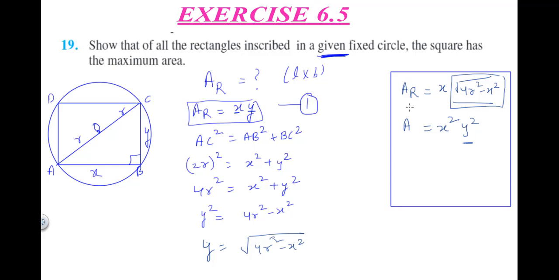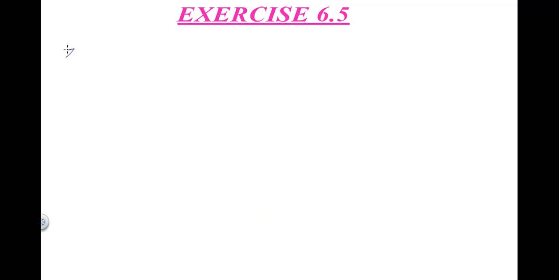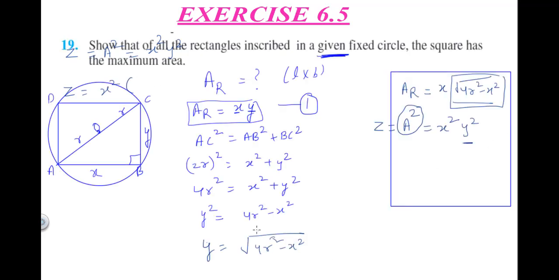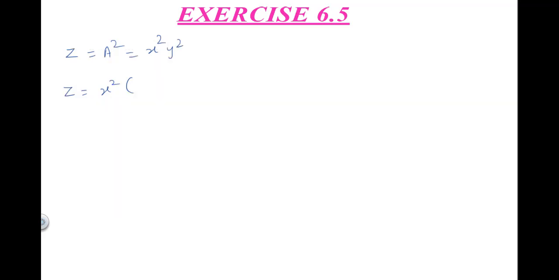Now it is a square, so we will replace it with some z, p, any variable you can name it. So suppose z is equal to A square. So I am writing z equals A square, which is equal to x square into y square. So z will be equal to x square into, what is the value of y square? You can see here, 4r square minus x square. Put that here, 4r square minus x square.